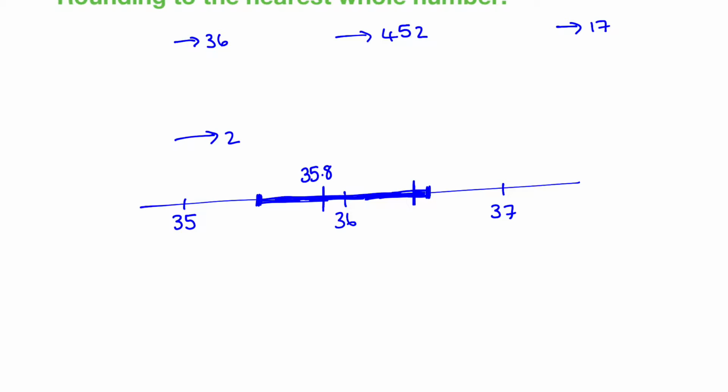There's a number that would also round to 36, and that one is 36.4. So the kind of numbers that round to whole numbers don't start off as whole numbers, they start off as decimals. Okay, so draw a line there, and we're going to look at how we round to the nearest whole number.